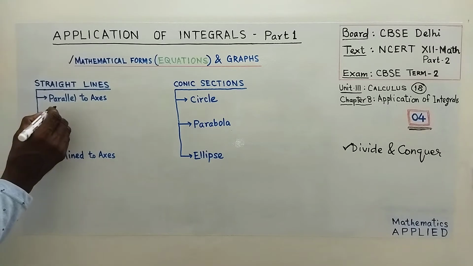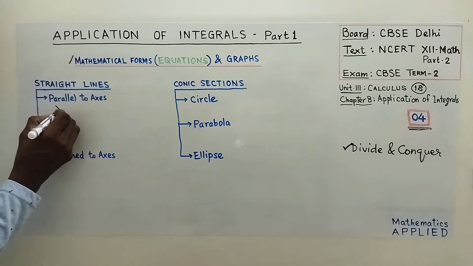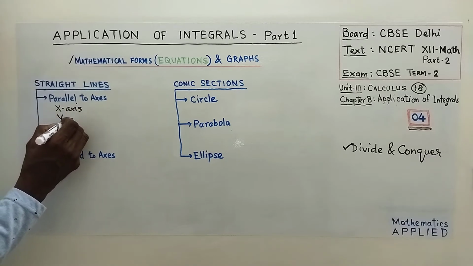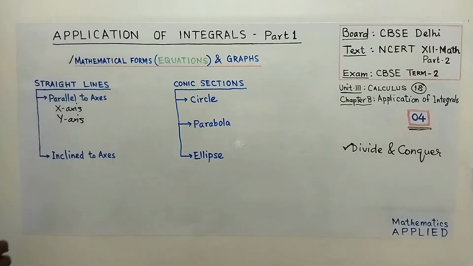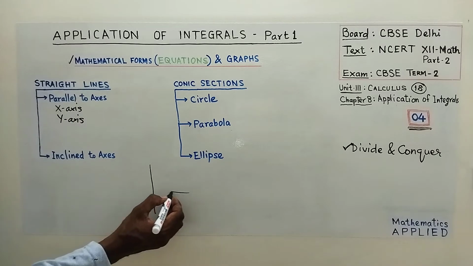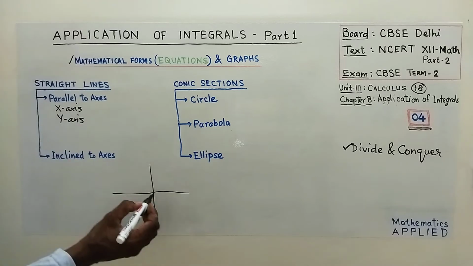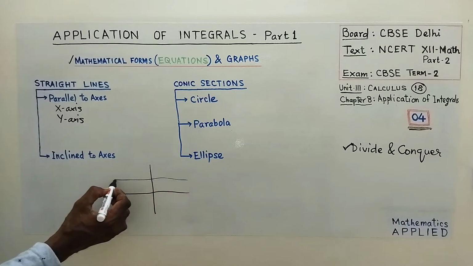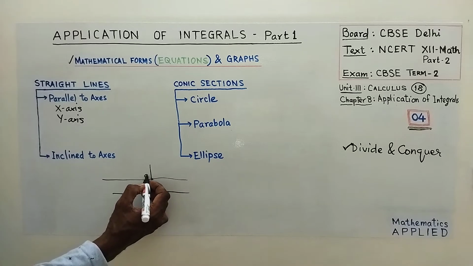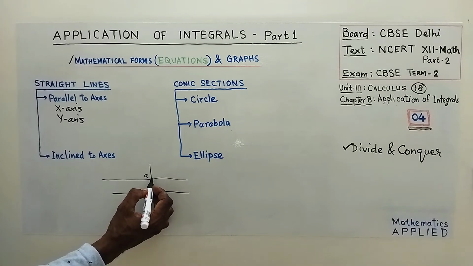What are the different axes we have? X axis and y axis, only two axes. Let's draw a line which is parallel to x axis. Let's say it cuts the y axis at y equal to a.